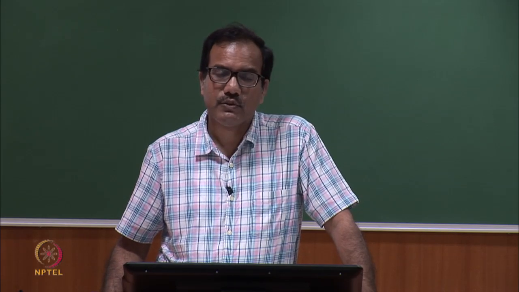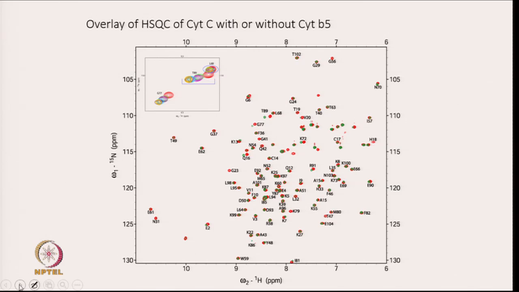The second thing which you can do using HSQC is that you can also get information about interaction. Here there is an overlay of HSQC of cytochrome C with or without cytochrome B5. What you are trying to look at is how cytochrome C interacts with cytochrome B5.